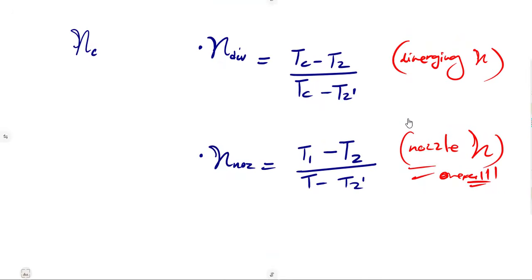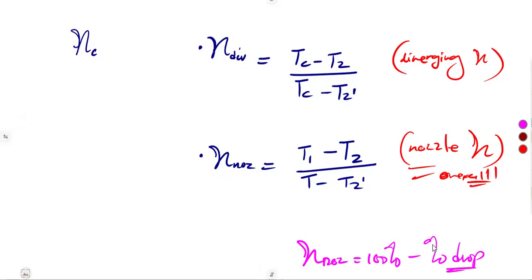If they give us a certain drop from the overall, it means they are giving you nozzle efficiency. So the nozzle efficiency can be calculated as 100% minus a percentage drop that they give you there.